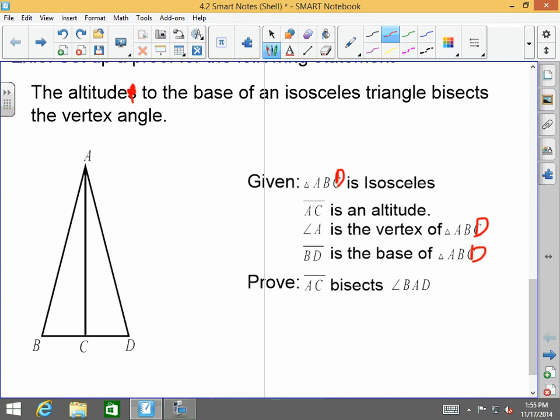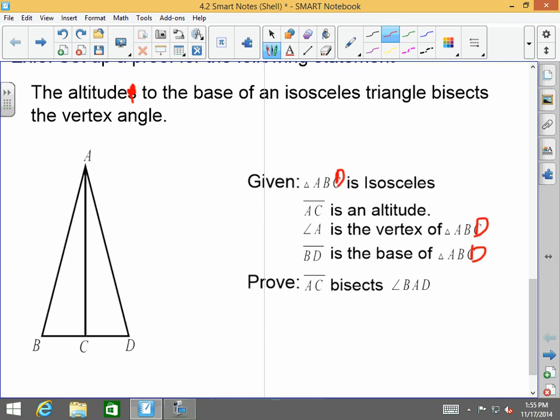Yes, sir. You would have to say it is the vertex of triangle ABD, because there are three triangles here. There's ABD, there's ABC, and there's ACD. I say angle A is the vertex of triangle ABD.